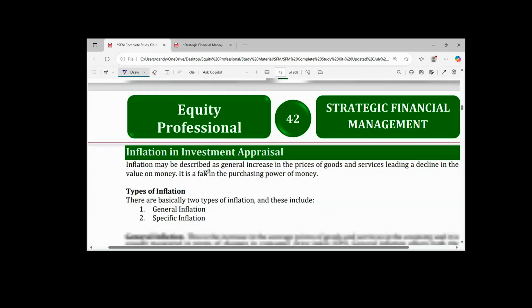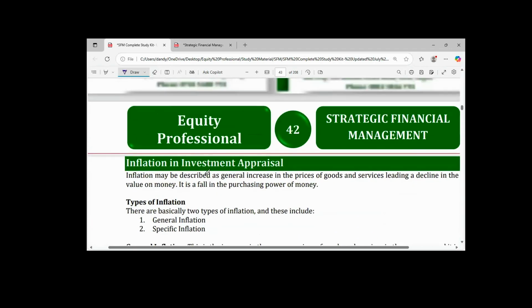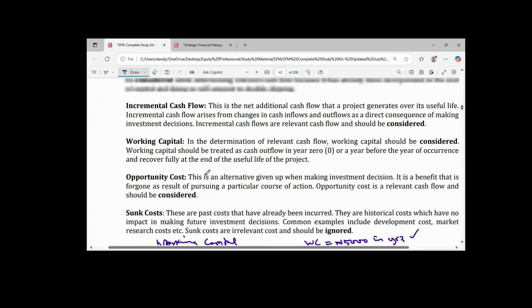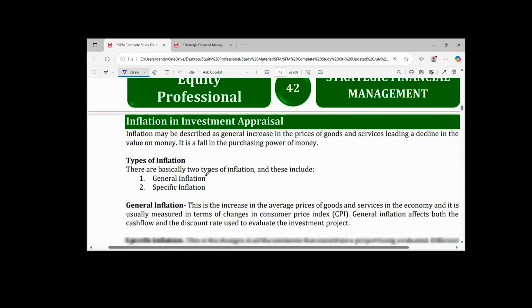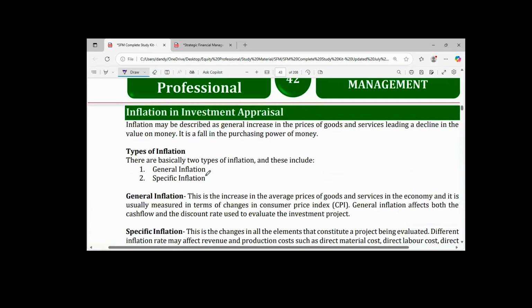What do I mean by increment? Say, for example, you are given working capital. You have year 1, year 2, and then year 3. We are now given working capital for year 1 to be 500, year 2, 600, year 3, 800.